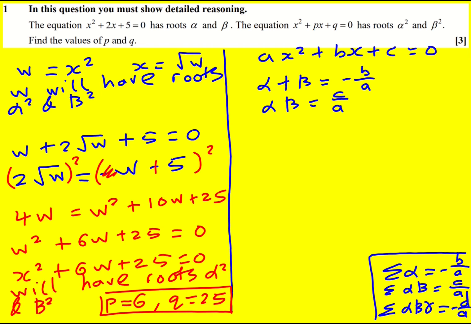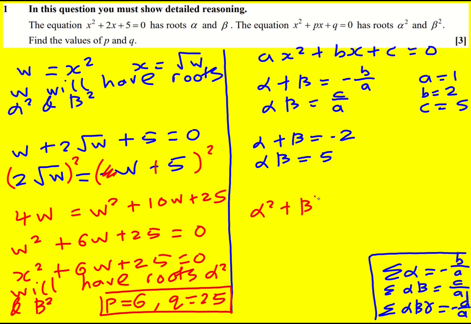Okay, so in our case, we've got a equal to 1, b equal to 2, c equal to 5. That means alpha plus beta is going to equal minus 2, and alpha beta is going to equal 5. Then what I want is alpha squared plus beta squared, because then I can get my new values of b and a.